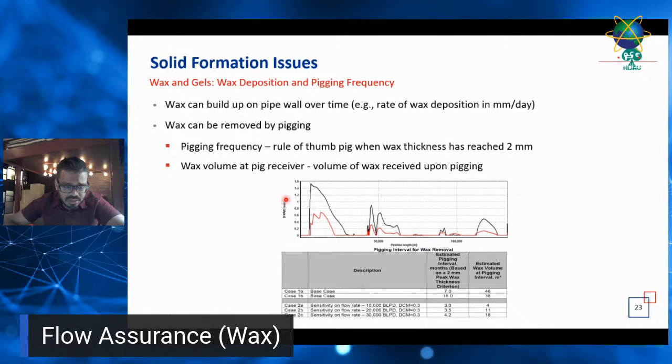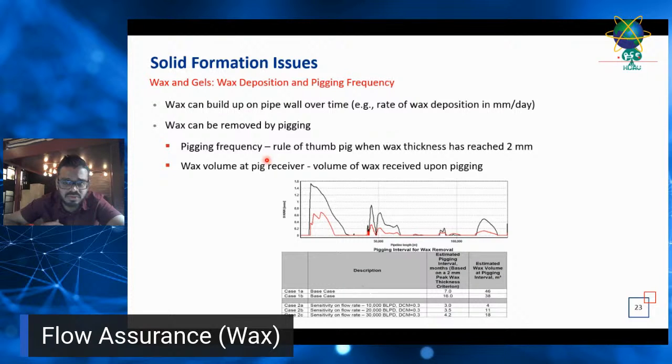As you can see here, this is a snapshot from OLGA, and here is your pipeline length, and this is your wax thickness. You can see here wax being deposited on the flow line, and the thickness is about 1.6 mm, and this section is about 0.8 mm.